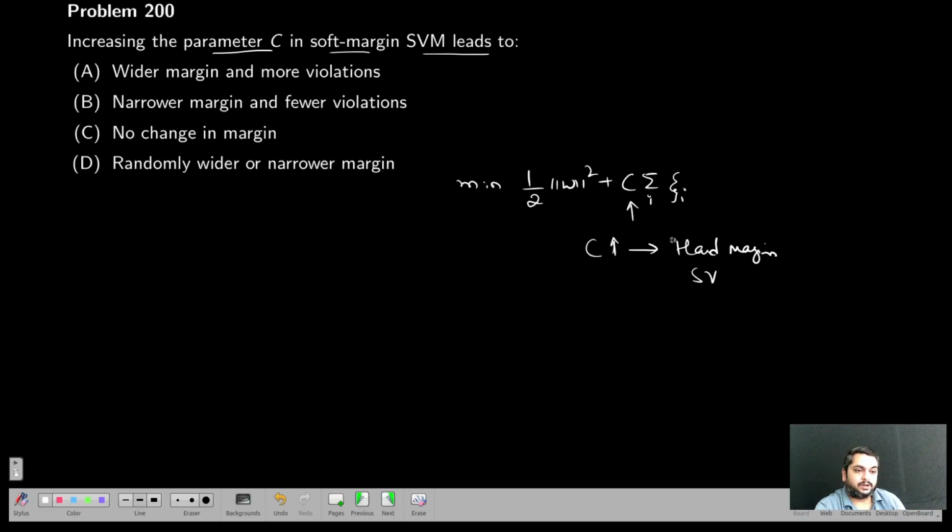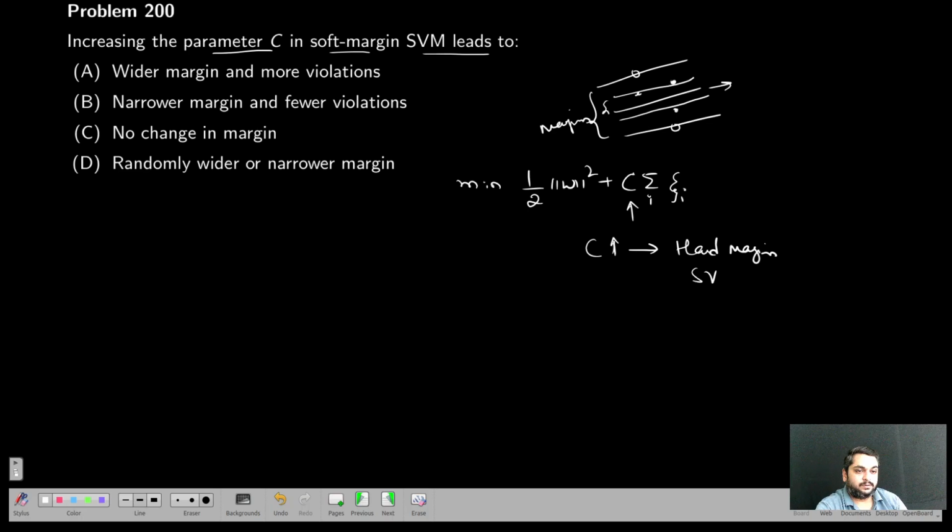Misclassifications are not allowed in hard margin. So for example, this is my initial support vector hyperplanes and the optimal hyperplane. In hard margin, there will not be any misclassified points here. In this margin, no points are allowed. So as C becomes greater, the penalty increases, that means what? I am reducing the margin, because if there is a point here, then the new support vector margin will come here.